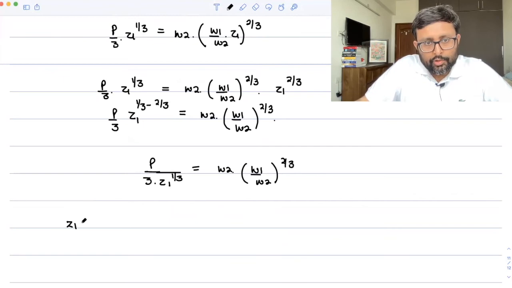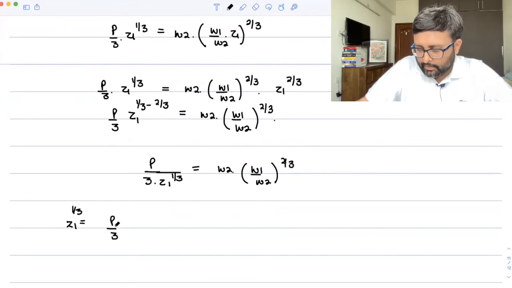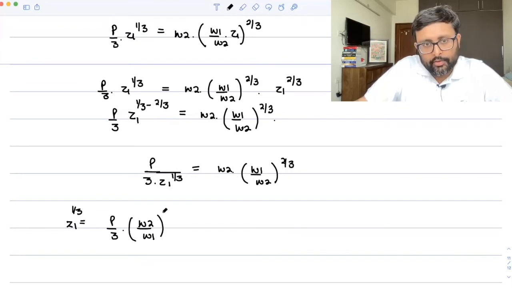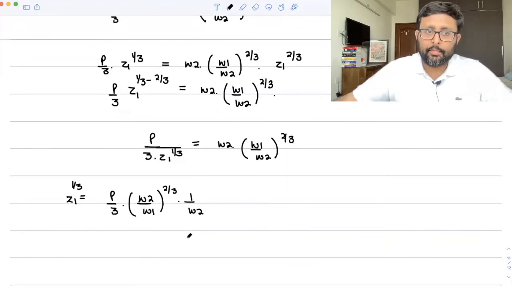So you will need to do certain algebra in order to get this. So let me just do one step. I'll write everything in terms of Z1 to the power 1 by 3. That is P by 3, W2 by W1, 2 by 3, 1 upon W2. Now what I can do is that I can raise both the sides by 3.